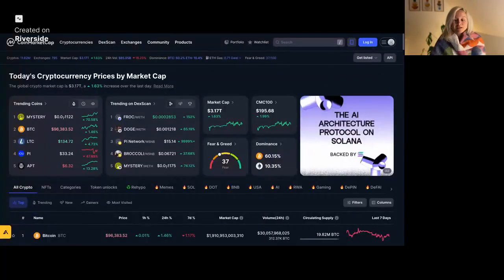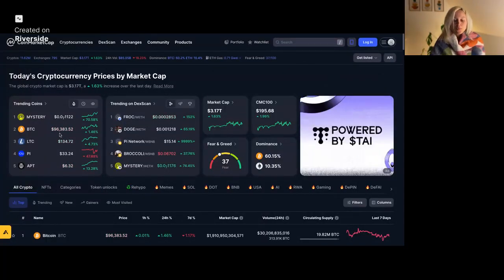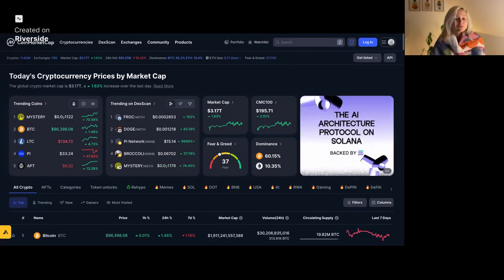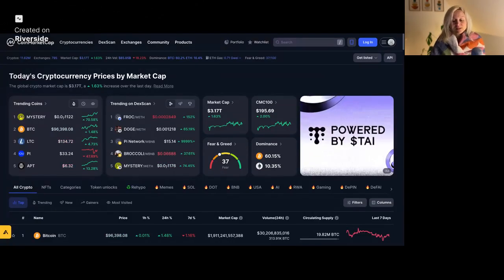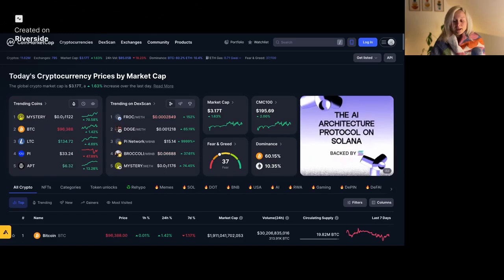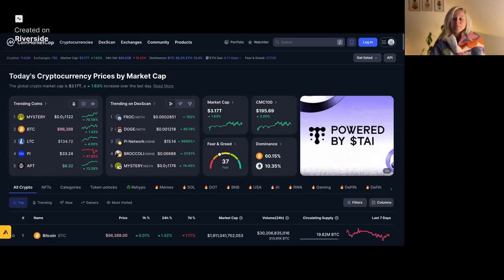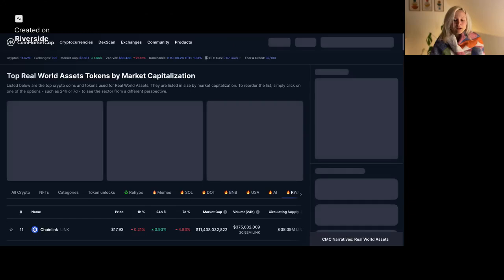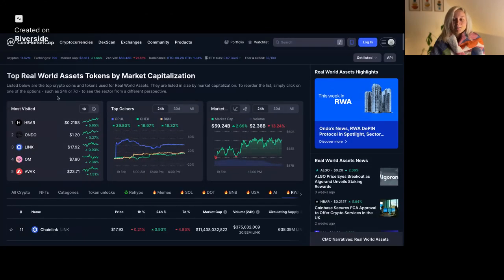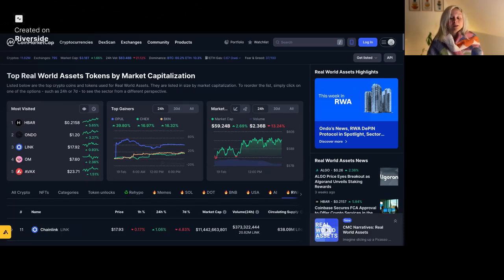This is CoinMarketCap, and if you want to see how you can find those projects, you come here to the main page at CoinMarketCap and you press RWA, which is just below. And right here, it will drive you to this main page where you can see everything about it. Perhaps even some articles, and I think it's really cool to have a look at everything.